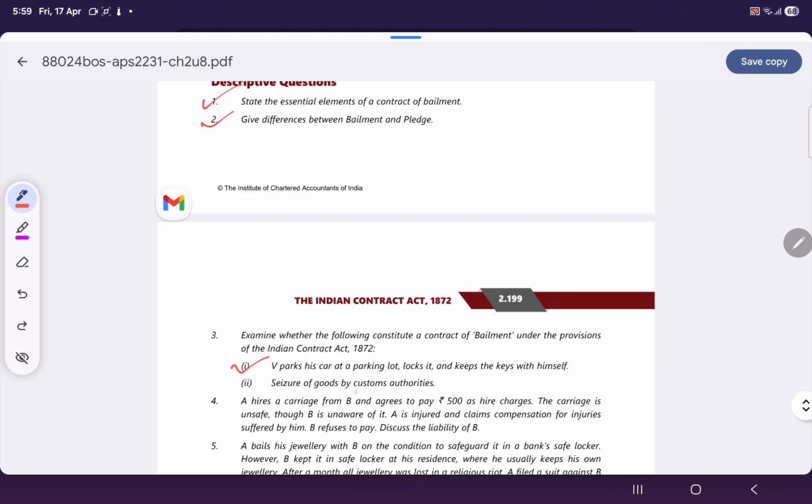Seizure of goods by customs authorities. Customs authority takes those goods, so this is called bailment. This is not custody. For bailment to exist, there must be possession of the goods, and the bailee must accept it. There need not be any transfer in ownership of the goods.